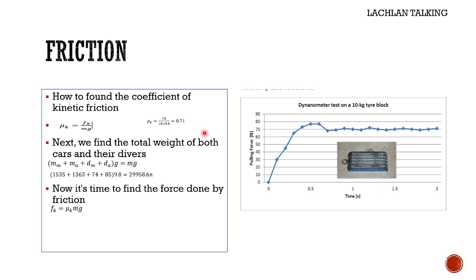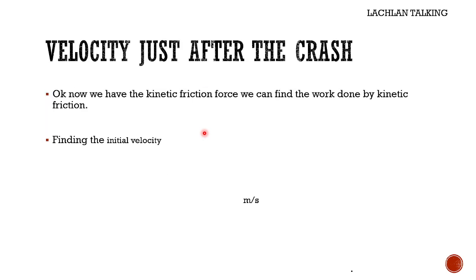So that's just the coefficient of kinetic friction times the weight of the drivers and their vehicles to get the force done by kinetic friction in this collision. Adding the numbers into the formula, the force done by kinetic friction is 20,971 newtons.